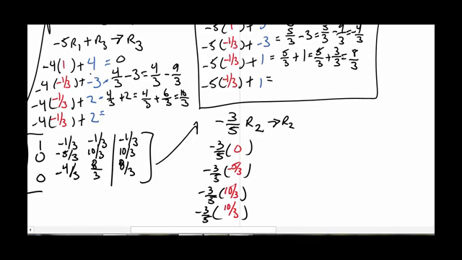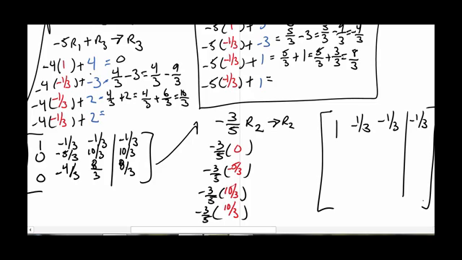And again, we have two of the same, so that kind of helps. Okay, so let me copy this over here so we figure it out. So we have 1, negative 1 third, negative 1 third, and negative 1 third. And we'll figure out row 2 in a second, but that row 3 we can copy over.